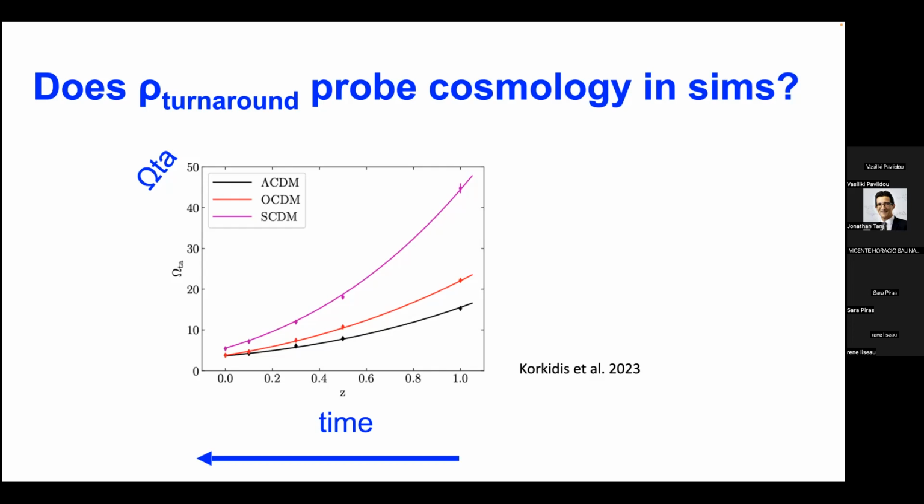And the points are clusters in full N-body simulations. So they do exactly what you think they should be doing. And so if you measure these points with groups of clusters at different redshifts, you should be able to tell between these three lines. So you should be able to probe the contents of the universe in that way.